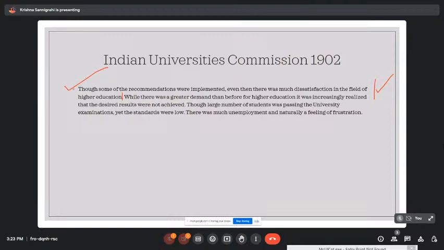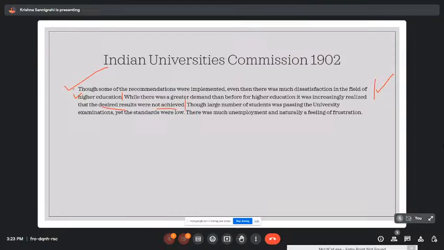So there was much dissatisfaction in the field of higher education. There was a greater demand than before for higher education. It was increasingly realized that the desired results were not achieved. So exactly the result which was desired was not achieved.